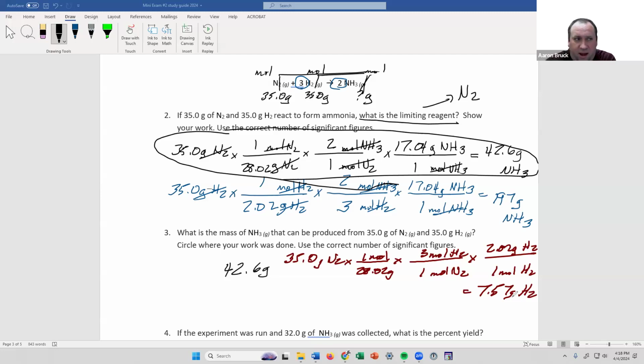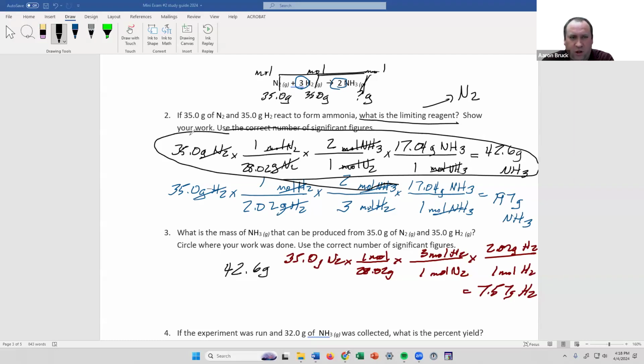So this amount of nitrogen is used up, and we still have 27.43. We've got a good bit of hydrogen left over. That's a case for proving that the hydrogen is in excess. And if the hydrogen is in excess, then the nitrogen must be the limiting reactant. So that would solve question number 2 up here.